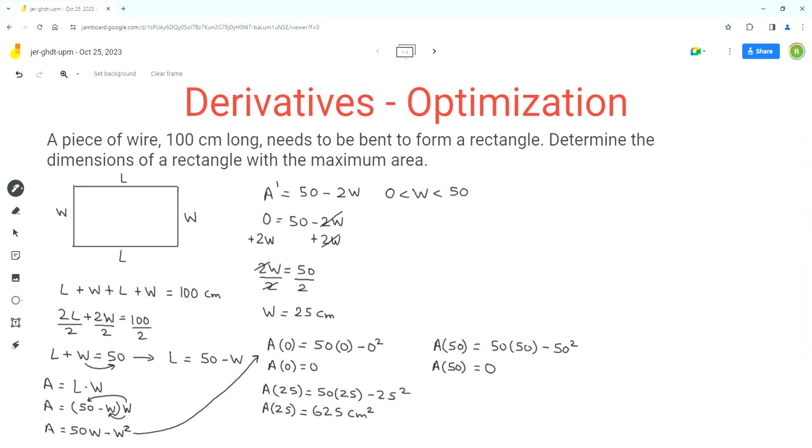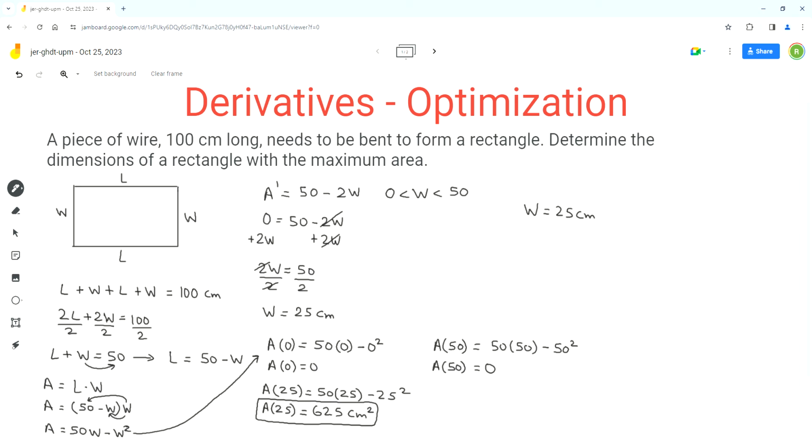So that means the width that gives us the maximum area is 25, because this is the maximum value for area we got from these three W values. So for our answer, we'll write W equals 25 centimeter.